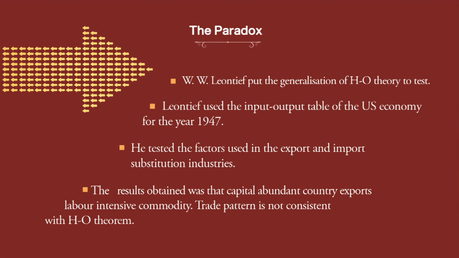That is, Leontief found in his test that the country USA, which is supposedly a capital abundant country, does not produce and export capital intensive commodities. Rather, it was the other way around, according to his findings. So it was important to explain why Leontief obtained such a result.